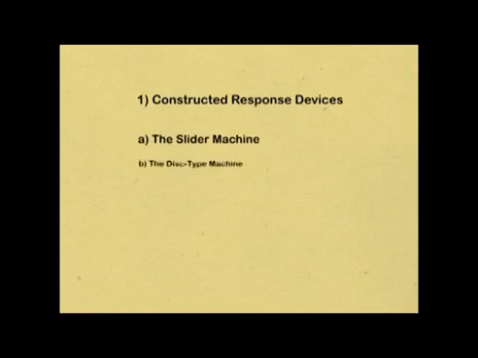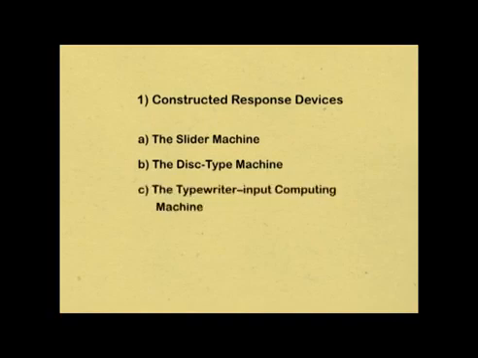Teaching machines can be broadly categorized under two categories. The first category is construct response devices. Under this we have A, the slider machine, B, the disc type machine, C, the typewriter computing machine, and D, audio-visual combination.